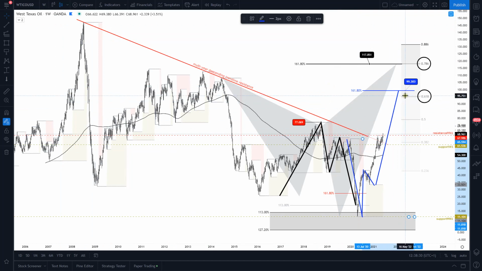It will take a lot of time to achieve those levels, but I assume if crude oil decides to stay above 67.98, let's say the 68 price level, if the price decides to settle above that price zone, I admit there's room to be pushed even higher.